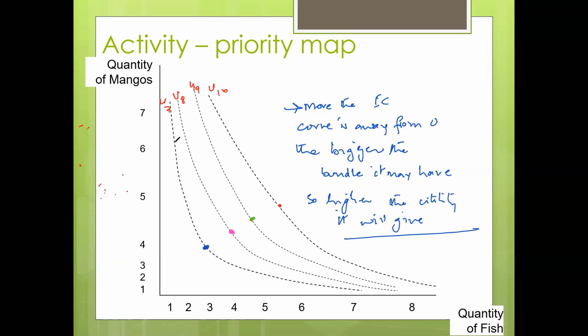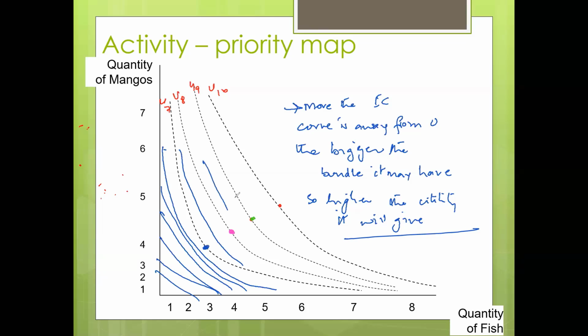Because the dots are infinite, there are infinite lines. So I am only showing 4 lines. There might be a line here for utility 6, utility 5, utility 4, utility 3, utility 2, utility 1, and utility 0. Similarly, 7.5, 8.5, 9.5, 11. So there are infinite lines.